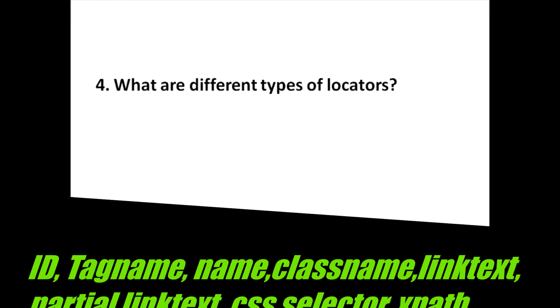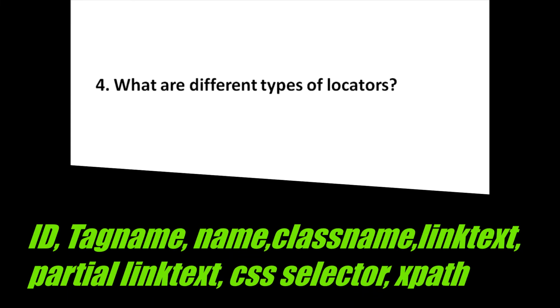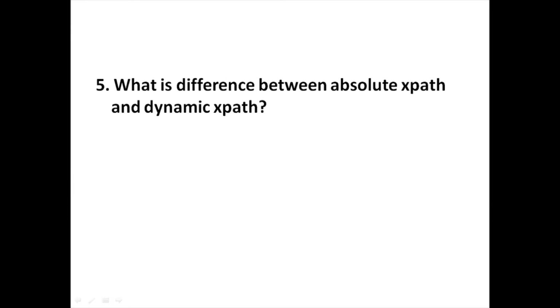Then, what are the different types of locators? There are 8 types of locators available in Selenium. You can tell ID, tag name, class, xpath, CSS selector and all that. You should tell all the locators that you know. The next question is what is the difference between absolute xpath and dynamic xpath.